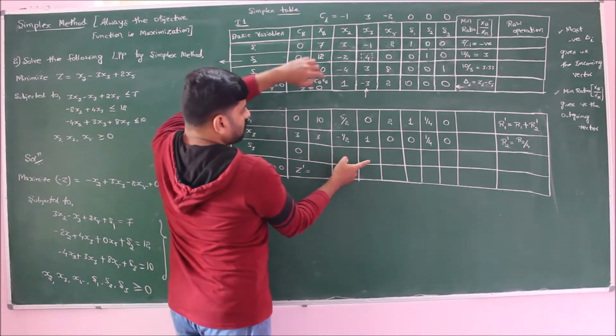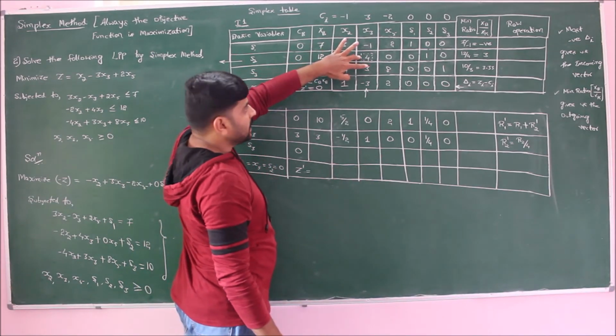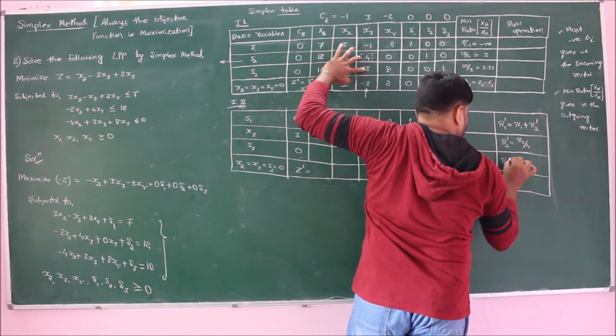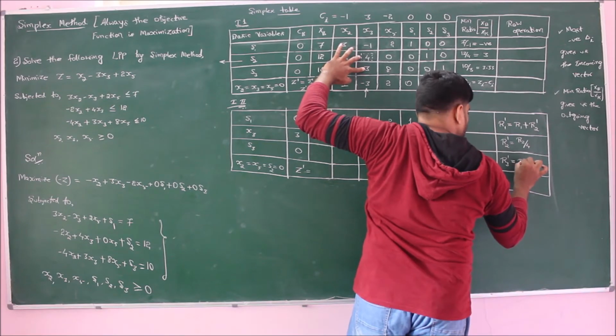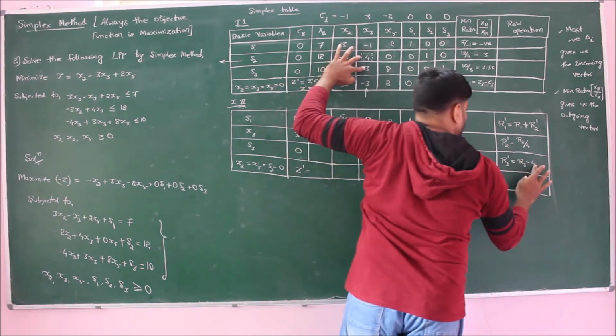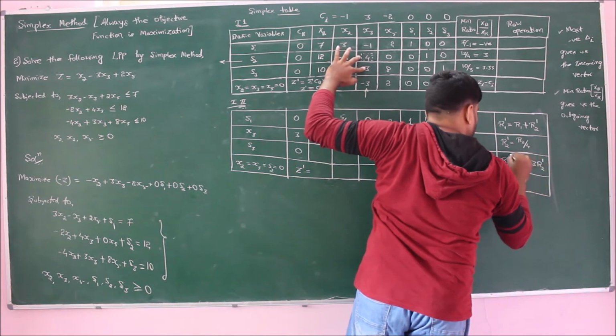Now coming to row 3, below the key element we have 3. I should make it 0. So the new R3, that is R3 dash, will be equal to old R3. I have plus 3, so I should do minus 3 times new R2.